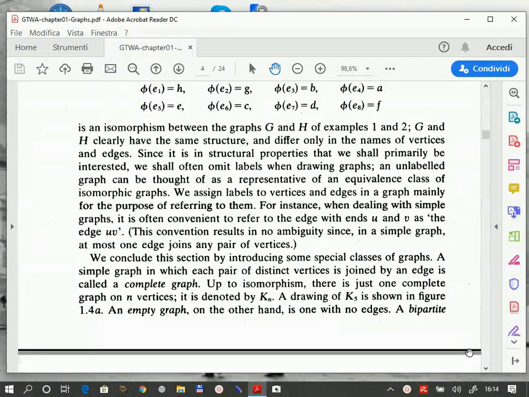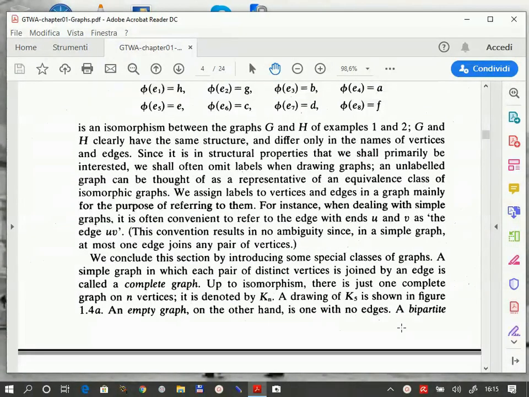Now, again, terminology. A complete graph is a simple graph in which each pair of distinct vertices is joined by an edge. So, when all the combinations two by two are effective in the graph, meaning that there is an edge between these two, this is the complete graph.